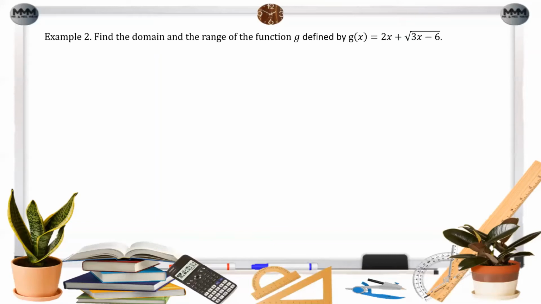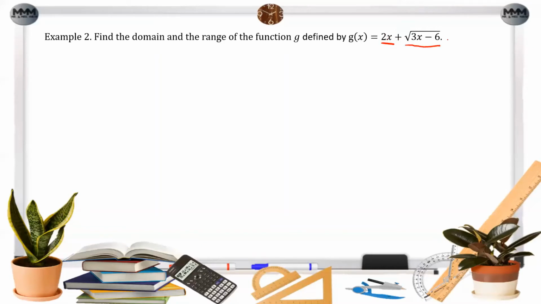Now take note from our definition of the domain. It is the set of values of x to which the function is defined, and it will make the function defined. Notice here, for the 2x, any value of x will do. So this is okay.